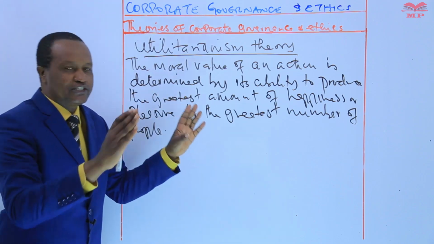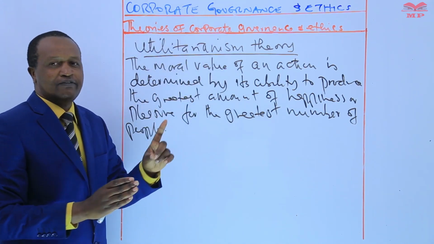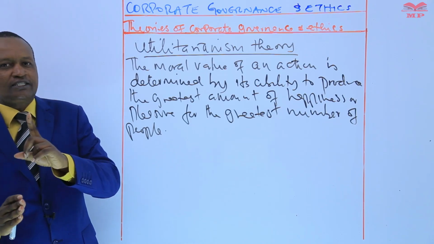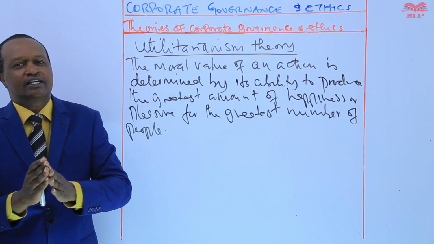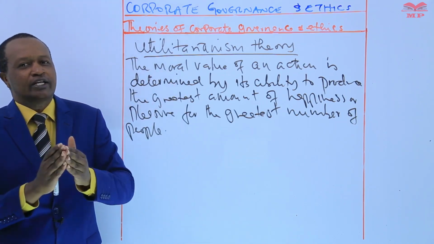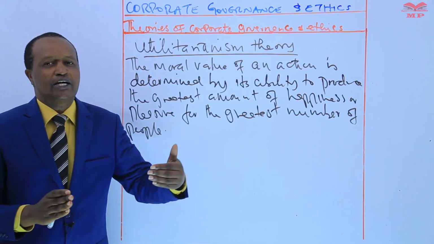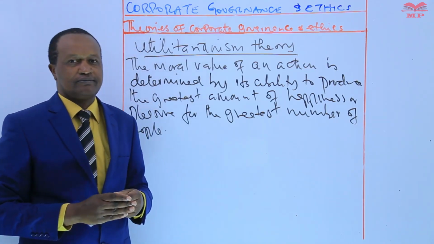That is generally speaking. But in the context of corporate governance and ethics, utilitarian theory suggests that firms have a moral duty to act in a way that maximizes the overall net benefit to the society.